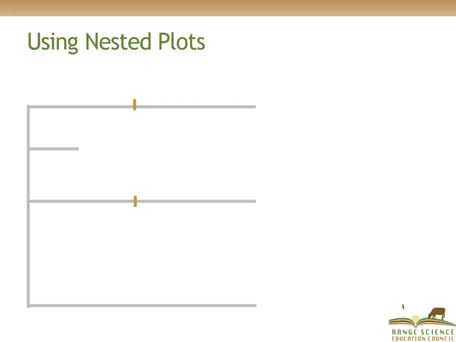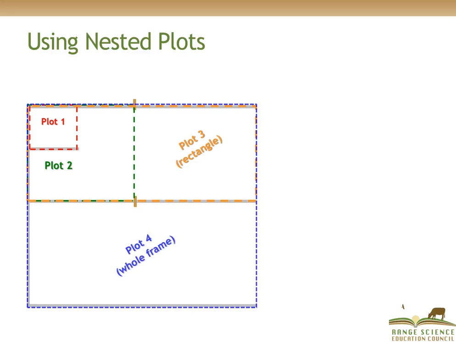So here's how we can use nested quadrats to deal with this issue. First of all, we start off with a frame that has some type of barrier or marking on it, and we have different plot sizes within this frame. So we delineate different plot sizes.